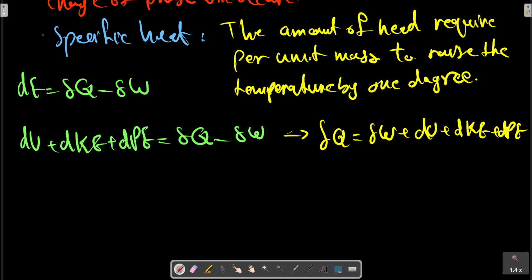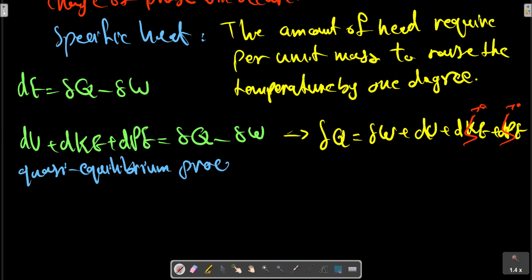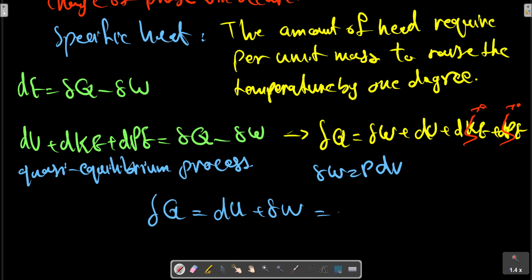Neglecting change in kinetic and potential energies, and assuming a simple compressible substance and a quasi-equilibrium process, we have this relation, plus delta W, and we know delta W is P dV. So dU plus P dV.